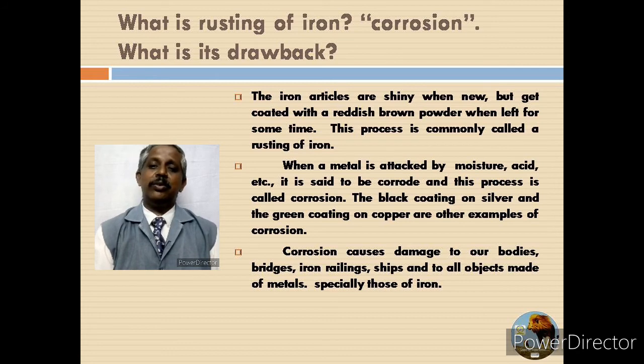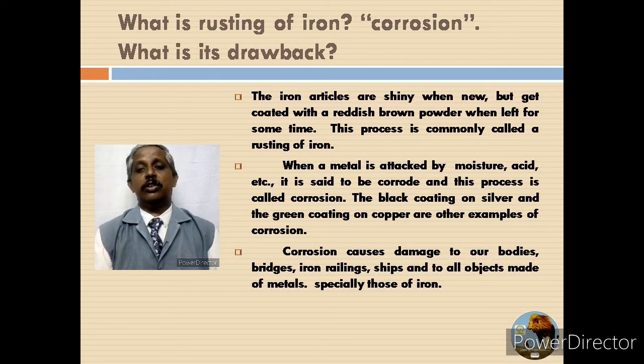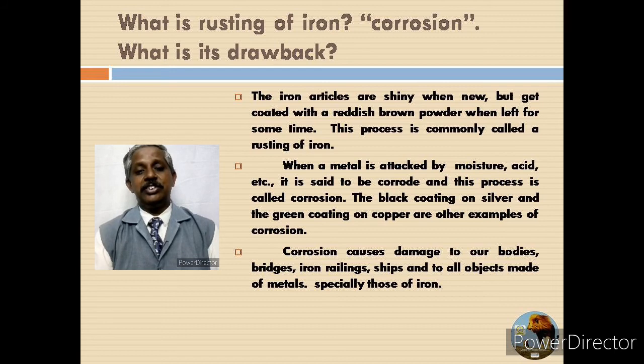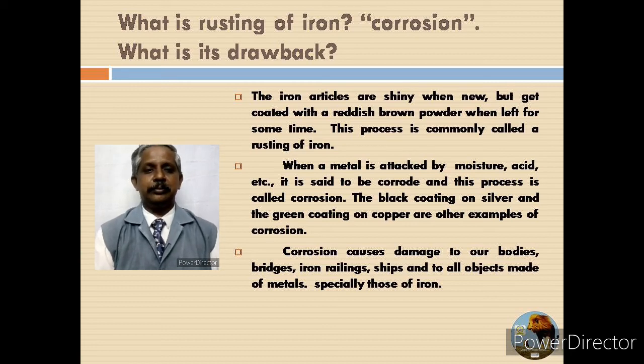The black coating on silver and the green coating on copper are other examples of corrosion. Corrosion causes damage to our bodies, bridges, iron railings, ships, and to all objects made of metals, especially those of iron.